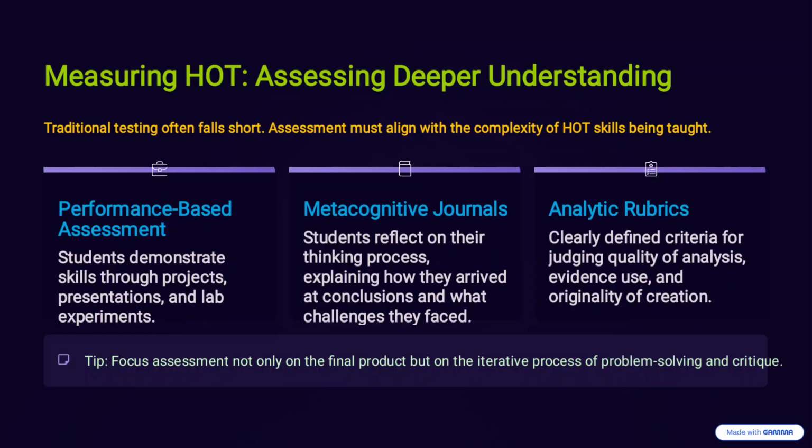Students demonstrate skills through projects, presentations, and lab experiments. The second approach should be metacognitive journals. Students reflect on their thinking process, explaining how they arrived at conclusions and what challenges they faced.